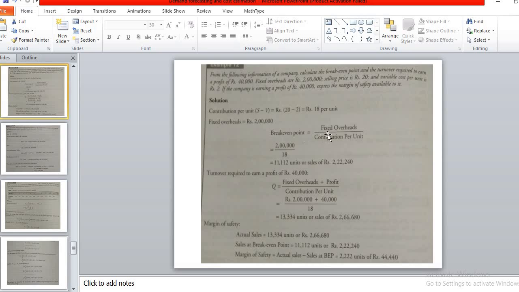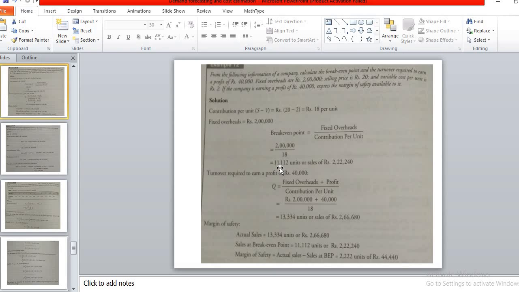So break-even point is equal to fixed overhead divided by contribution per unit. So fixed overhead 2 lakh divided by 18 contribution per unit, this will be the quantity, 11,112 units. Those are the units at the break-even point.